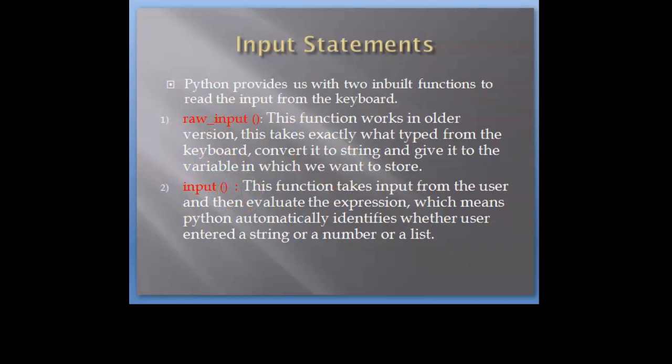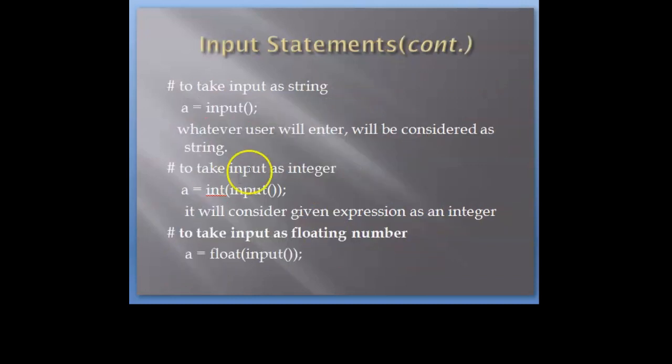Suppose the user enters a equal to 15, the input function will evaluate that 15 is an integer. Similarly, if you enter Ram, it will consider that a string. So the input function automatically evaluates the expression, which means Python automatically identifies whether the user entered a string, a number, or a list.